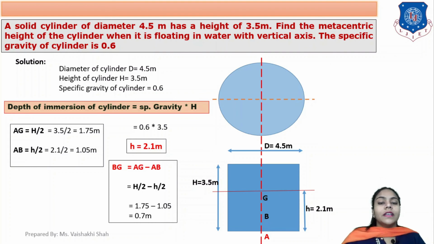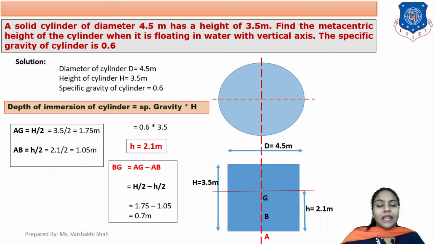So 0.6 into 3.5 gives the immersed height, which is 2.1 meter. As we already discussed, AG is the total height divided by 2, capital H by 2, which is 3.5 divided by 2, that is 1.75 meter.